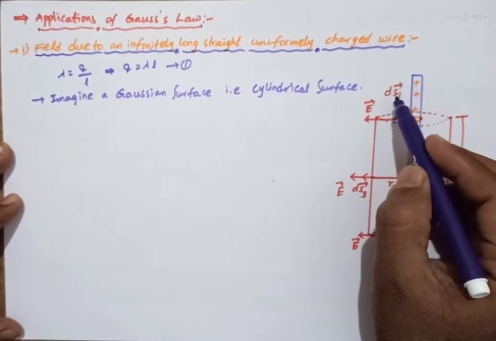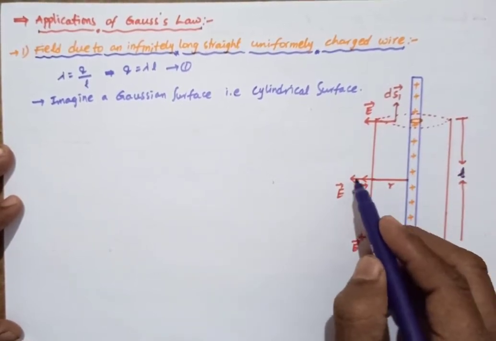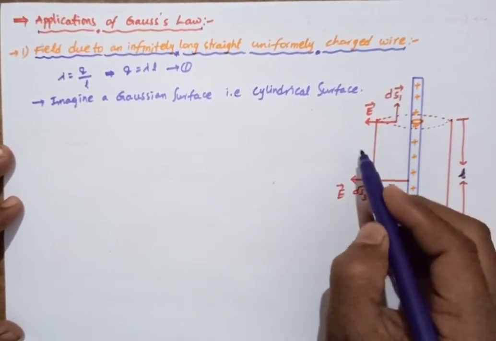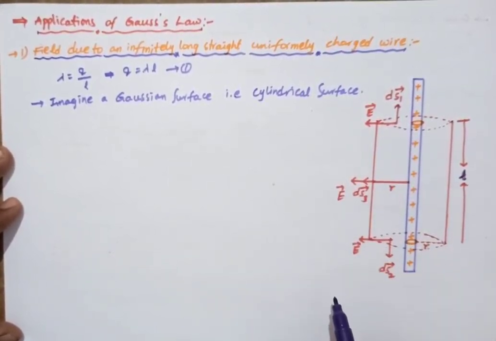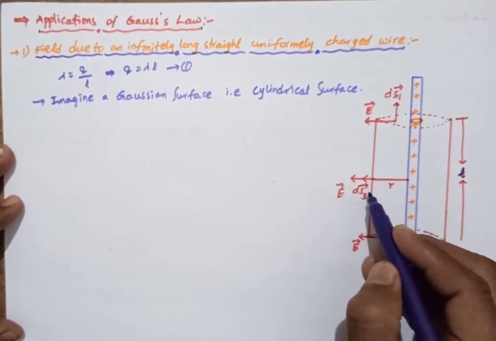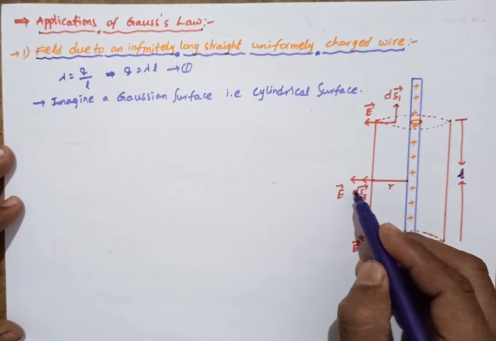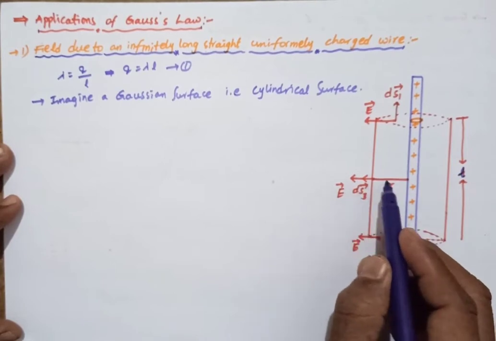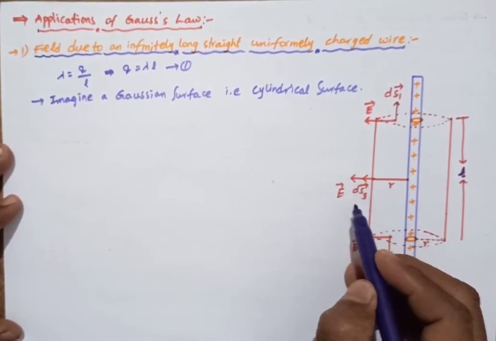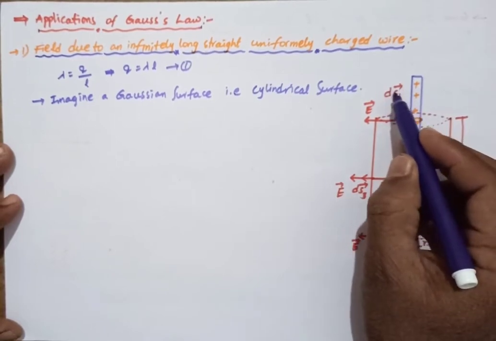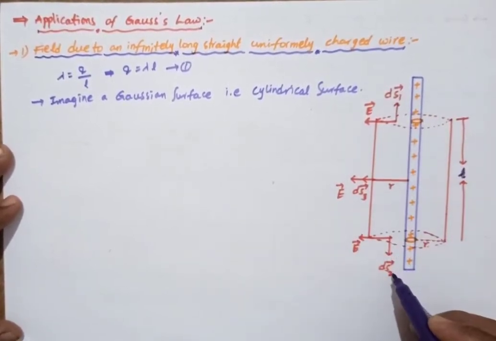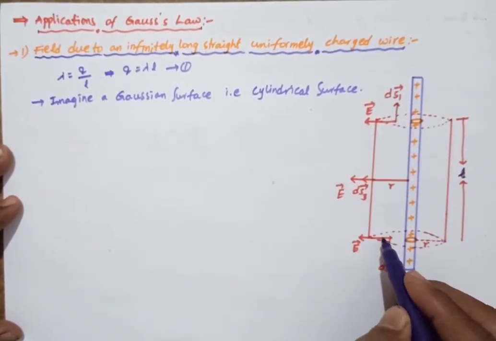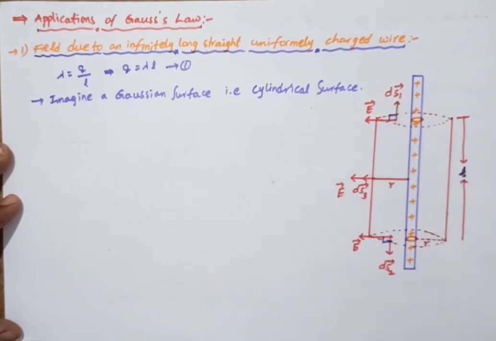Here the direction of the electric field is outward, in this direction and in this direction. And here the area vector ds3 and E are in the same direction, so theta equals 0. For ds1 and ds2, the two end sides, they are perpendicular to the electric field.